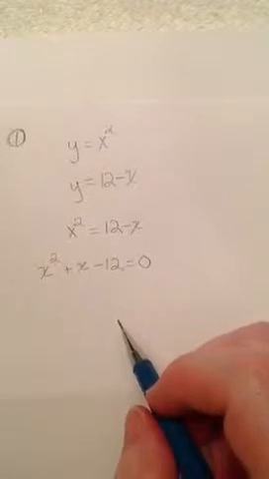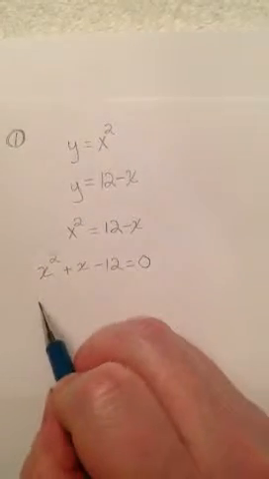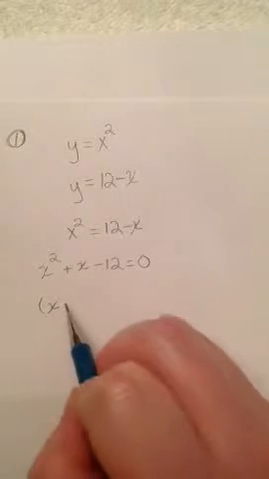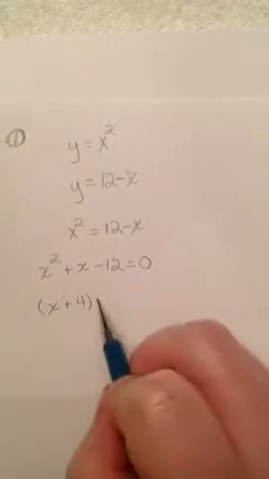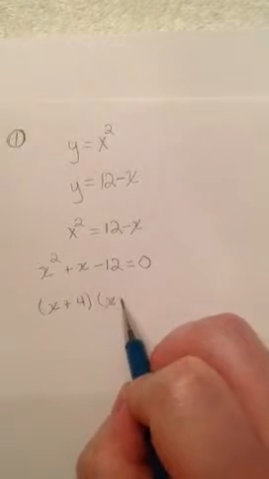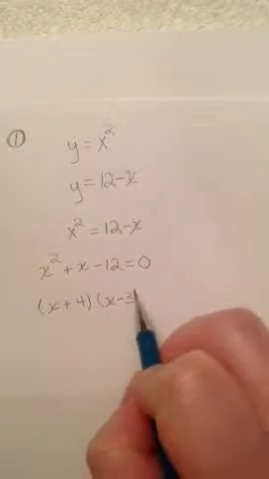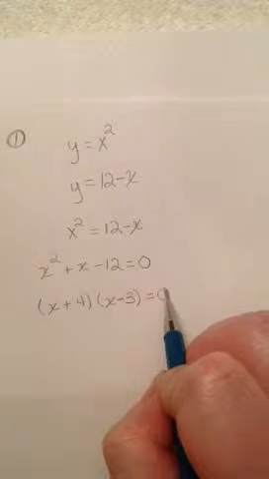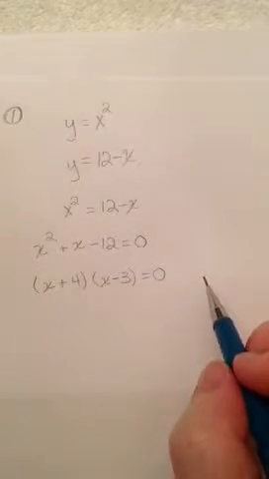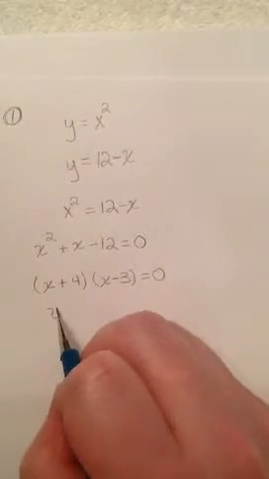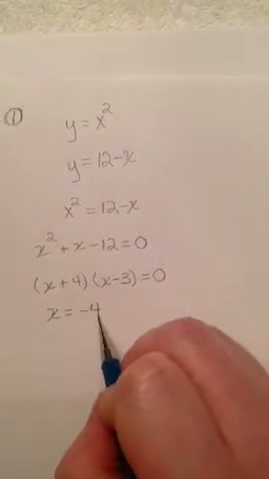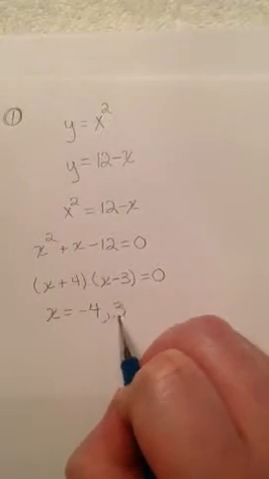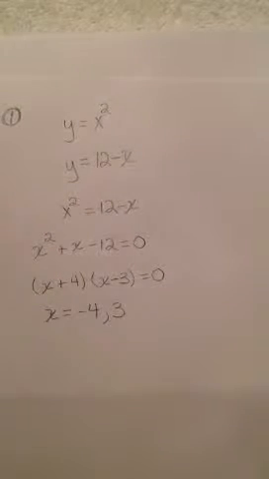And here we have an expression that is factorable. And with the zero product property, we have the values of x to be at -4 and 3.